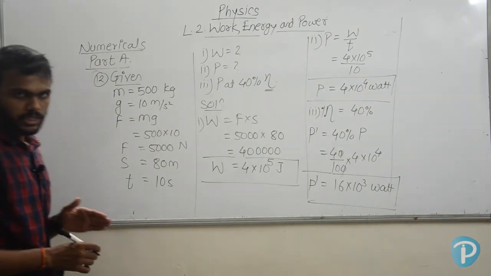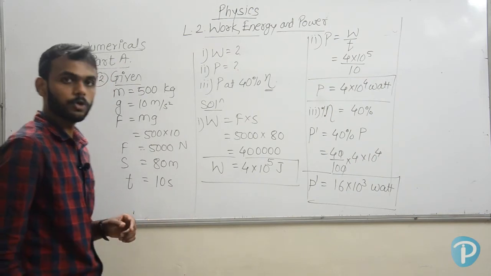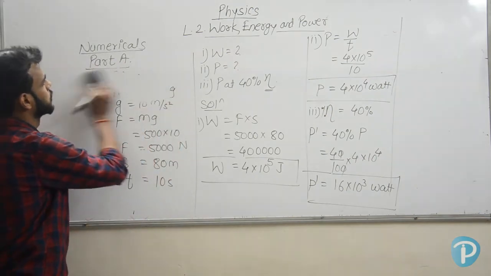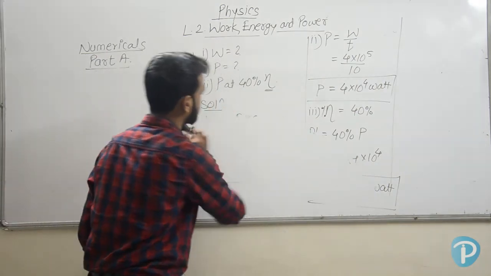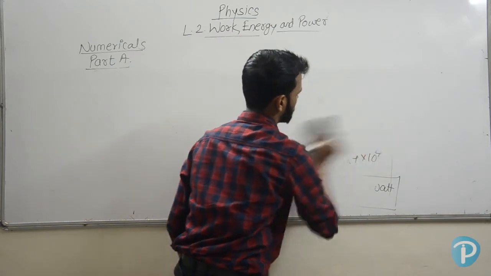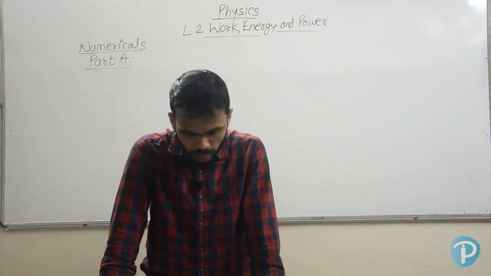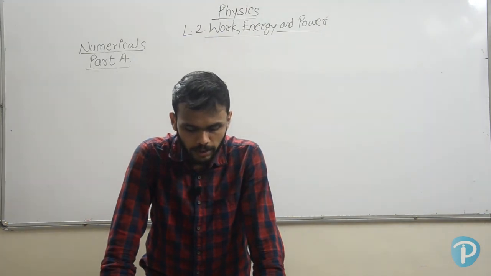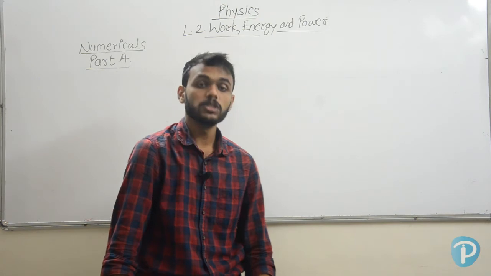One more question we will solve, that is question number 14, which is the last question for this part. Question number 14. If the power of a motor is 40 kilowatt, at what speed can it raise a load of 20,000 Newton?